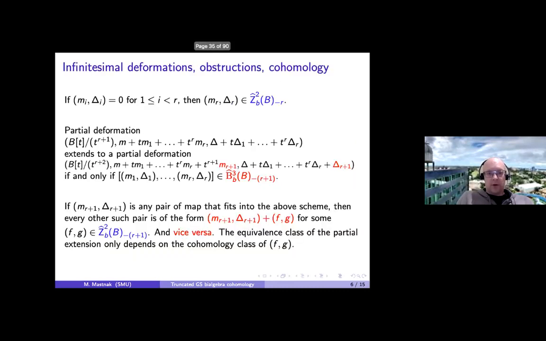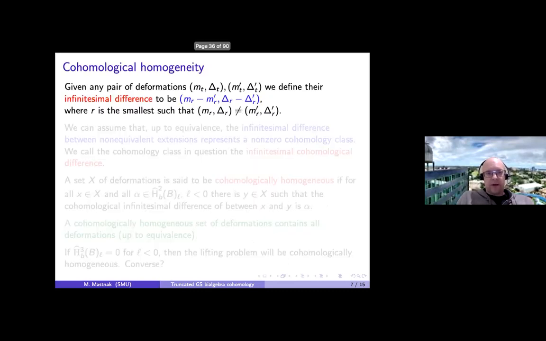All right, so now I'll discuss some phenomena that's really very particular to this quantum world, and I found it amazing that it occurs, right? So I'll define something called cohomological homogeneity of some class of liftings or formal deformations.